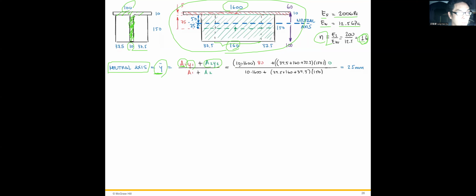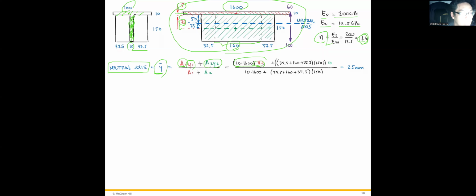Its area is 10 times 1600, right? After times the vector n, right? And times the 80 is the Y1. The 80 is from the centroid of the bottom part to the center of the top plate. Okay, so this distance is 85, and the center of the top plate is 5, right? So the 75 plus 5 equals 80.